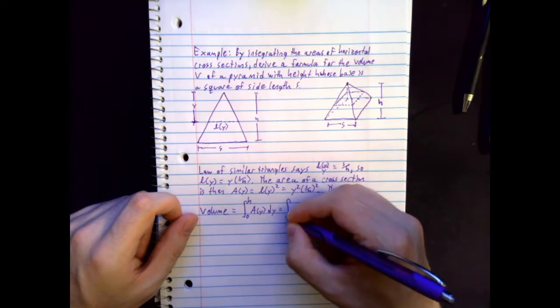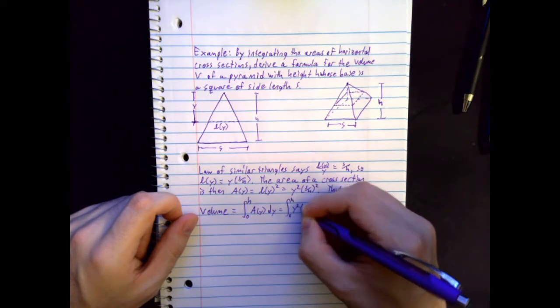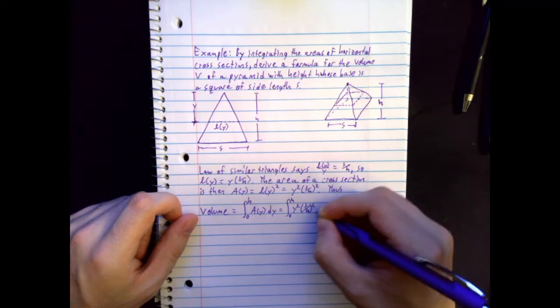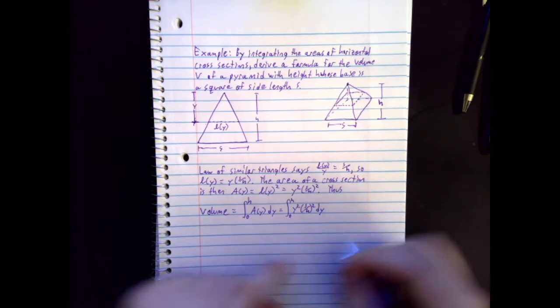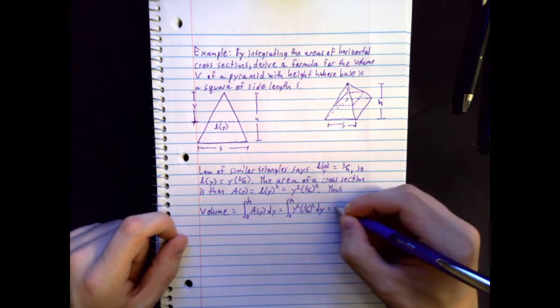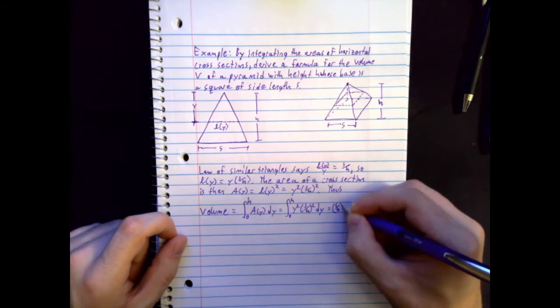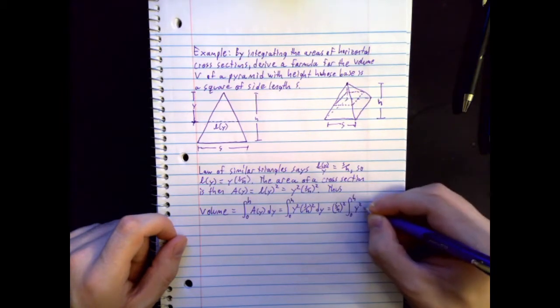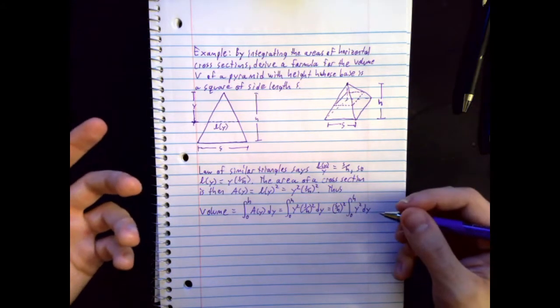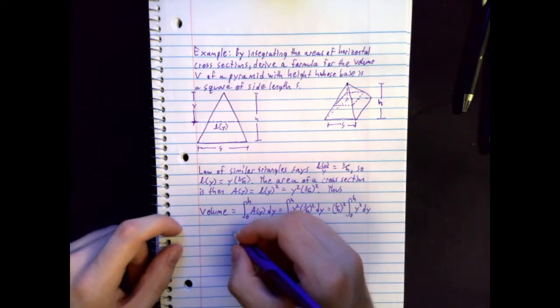This is the integral from 0 to h of y squared times s over h squared dy. And then s over h, this is just a constant, so it comes outside of the integral. So this is s over h squared times the integral from 0 to h of y squared dy. And now we just apply the power rule. This is a nice easy integral to compute.